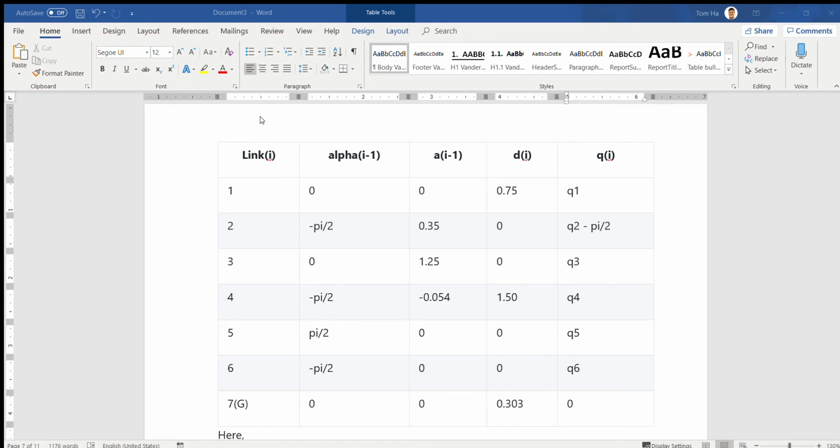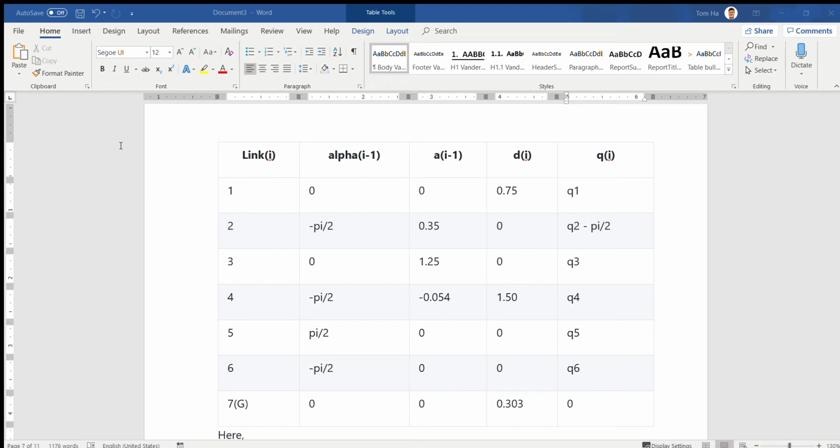For example, for the forward kinematics of the KUKA right here, you see they also have the data table right here. When you fill in all the information in the data table, you use symbols, like the simple functions in Python or MATLAB.